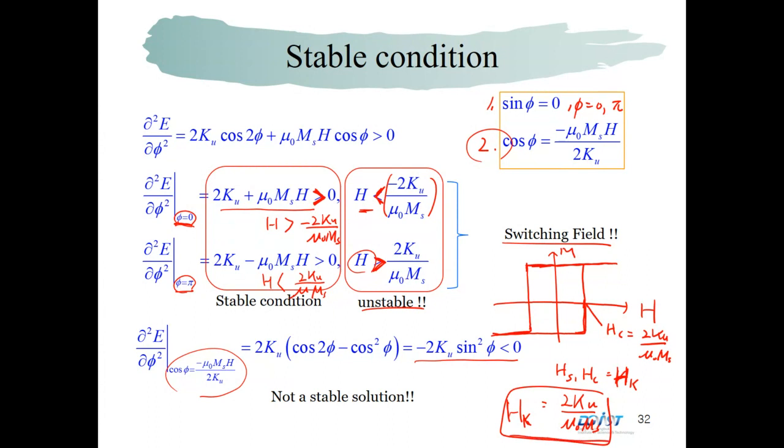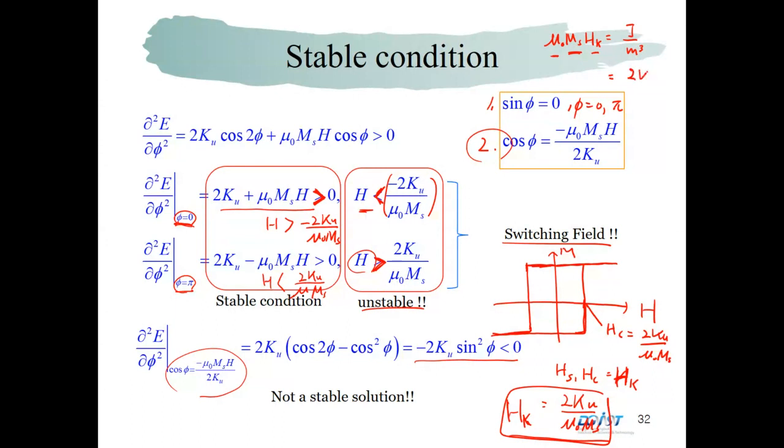In that relation, mu0 Ms Hk generates the energy density, which means the unit is joule per meter cubed.